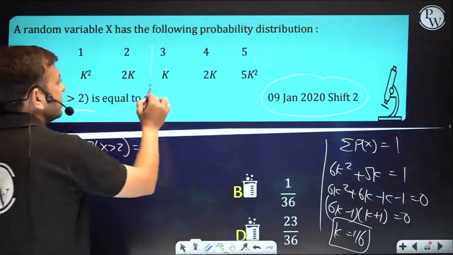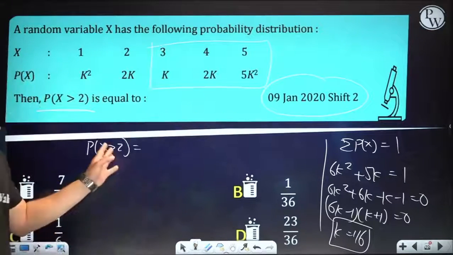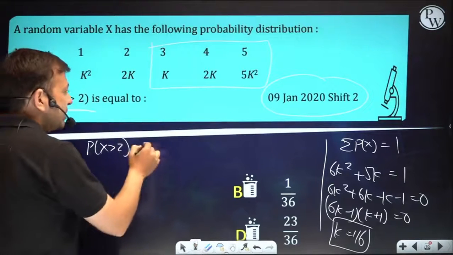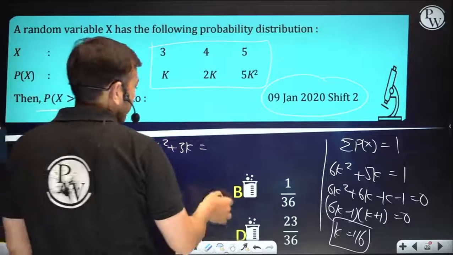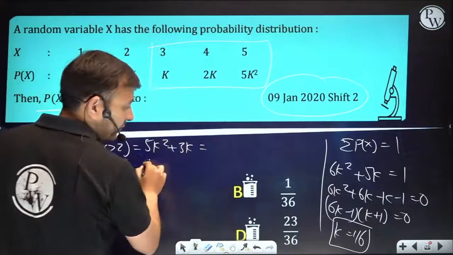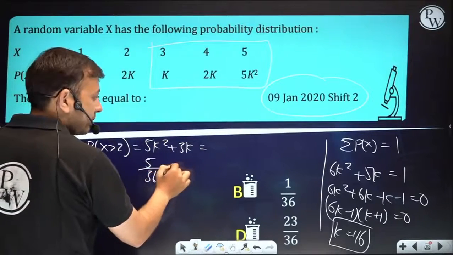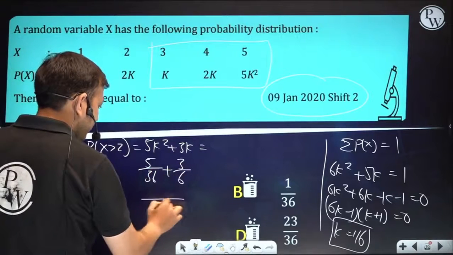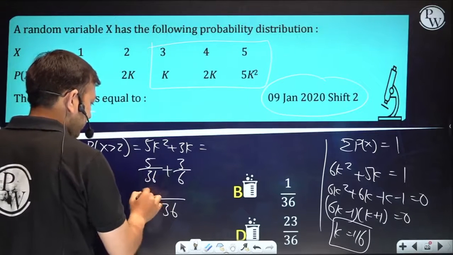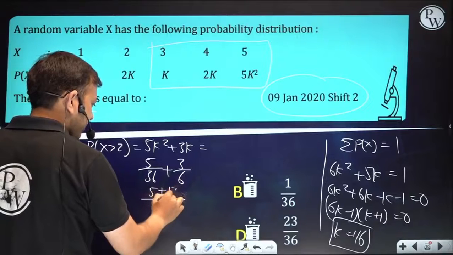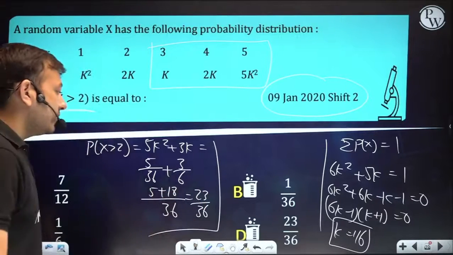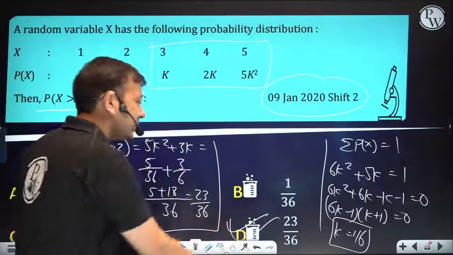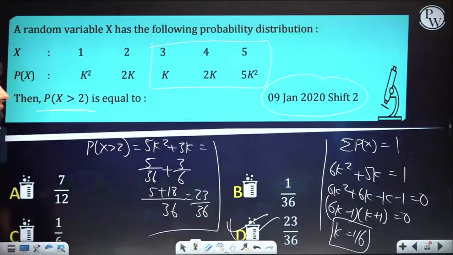That means this part, greater than 2. So 3, 4 and 5. So it will become 5k square plus 3k. So that means 5 by 36 plus 3 by 6. So this is 36. 5, 6, 6, 18. So 23 by 36. Answer will be 23 by 36 in this way, sir.